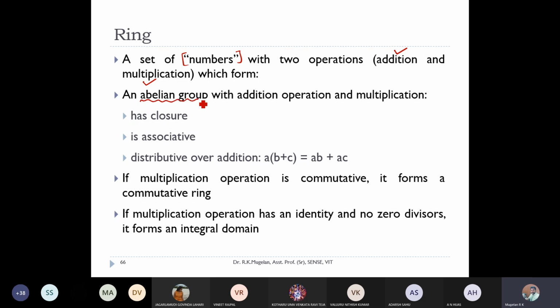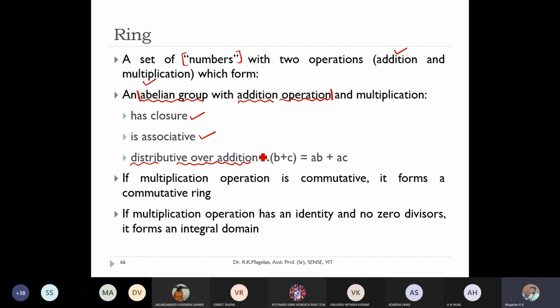Whenever I say abelian group, it is going to satisfy all the 5 properties, and the abelian group is with the addition operation. Along with that comes the multiplication operation, which satisfies only three properties: closure, associativity, and the new property this time, distributive over addition.